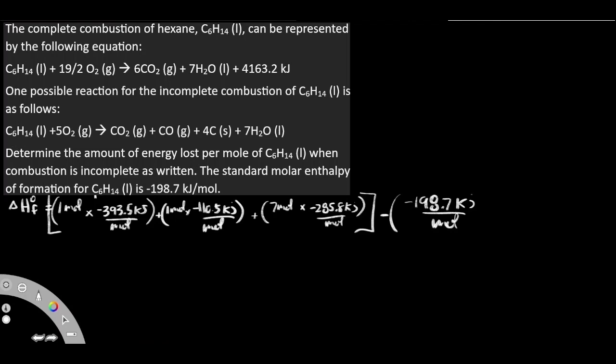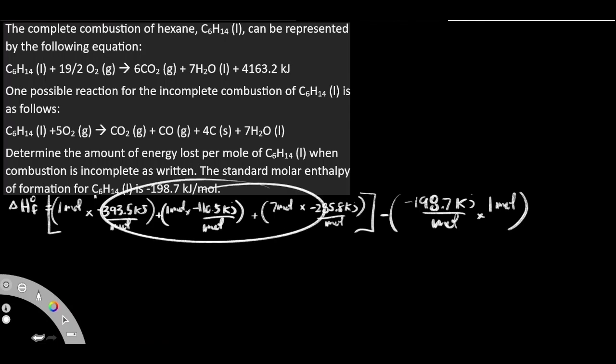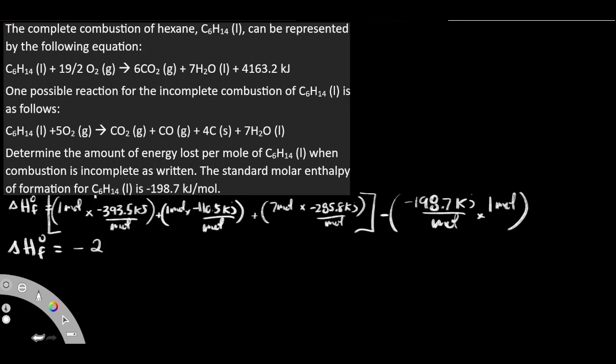There is only 1 of it, so I have to multiply by 1 mole. All we're going to do is add this up, then subtract this, and you should get your answer. I ended up getting negative 2,305.9 kilojoules. I just leave it as kilojoules because, of course, all of these moles canceled out throughout the calculation.